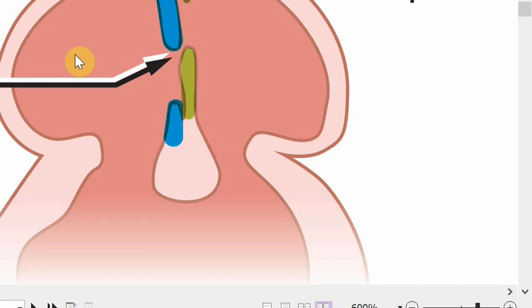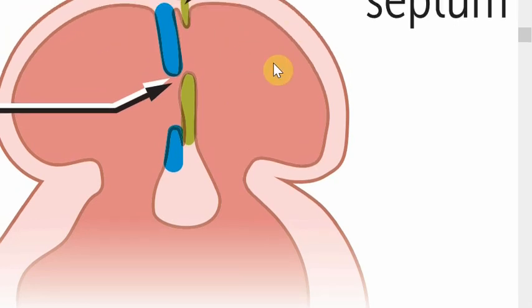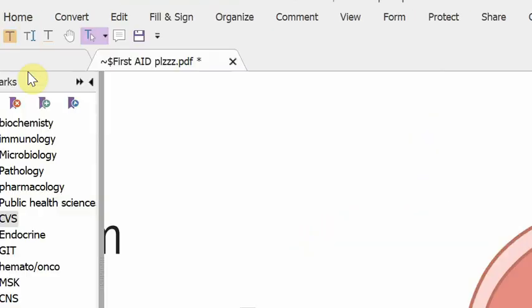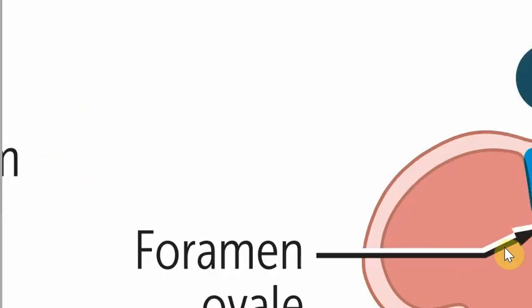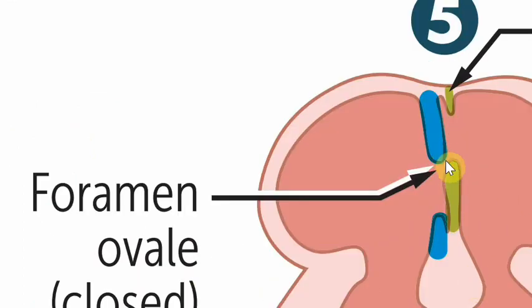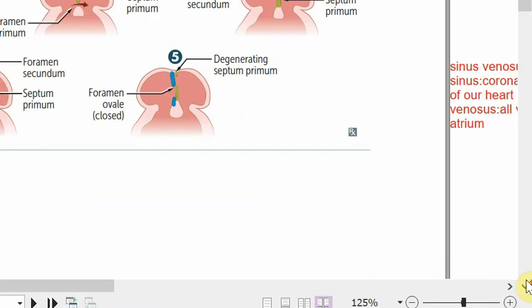And the pressure in the left atrium goes up because the lungs are working and they are sending blood back to the left atrium. So see this guy? He will shut. It will close. And these fuse to each other and they will create the fossa ovalis I just showed you.